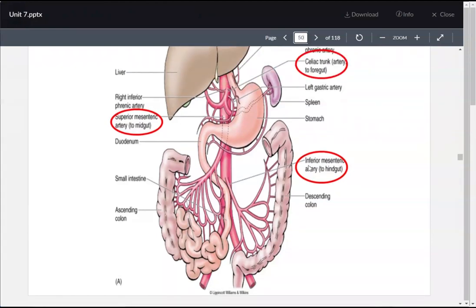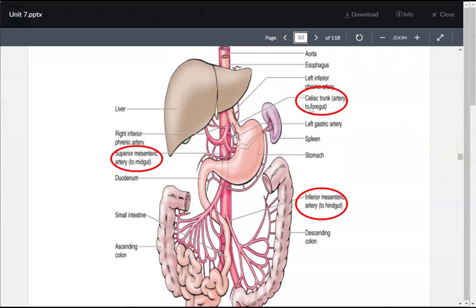The inferior mesenteric artery is going to go to the hindgut, so that's going to be things more like the transverse colon a little bit, the descending colon, getting into the sigmoid colon, all of which you may or may not actually know what those are, but we'll talk about them with the digestive system. The celiac trunk is going to be the artery to the foregut, so that's going to be things like the liver, the kidneys, the stomach, the pancreas, all of those upper organs.